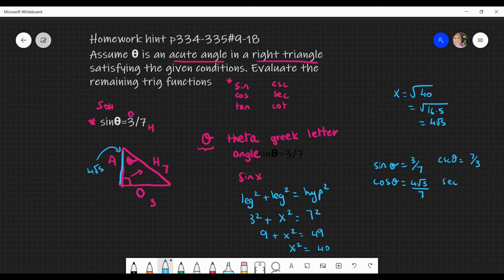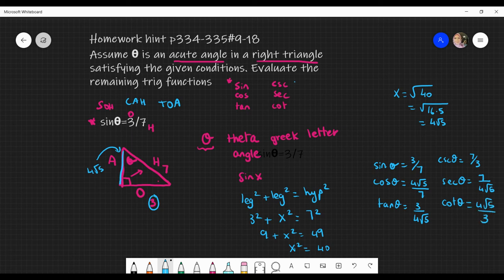The secant will be the reciprocal of the cosine, so it'll be 7 over 4 square root of 5. The tan is TOA, so opposite, SOHCAHTOA. So tan is opposite, which is 3, over adjacent, which is 4 square root of 5, and cotan is the reciprocal of the tan.